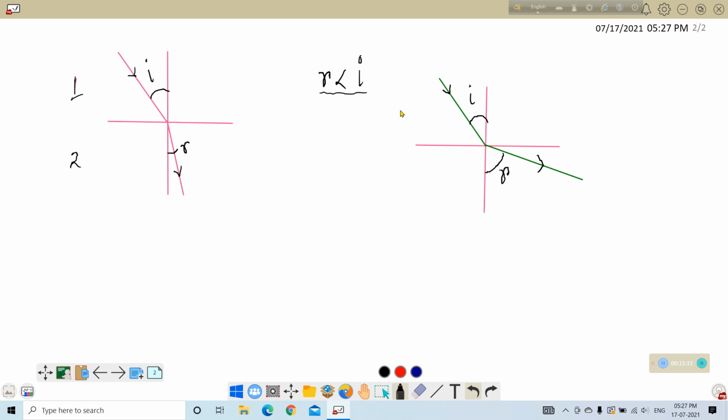Suppose this medium is termed as 3 and this is 4. Particularly in this case, I is less than R, just opposite, or R is greater than I.